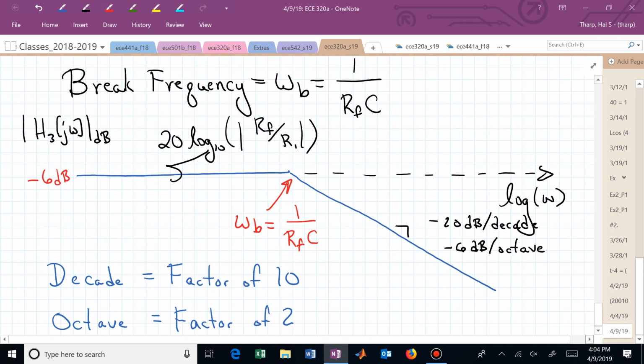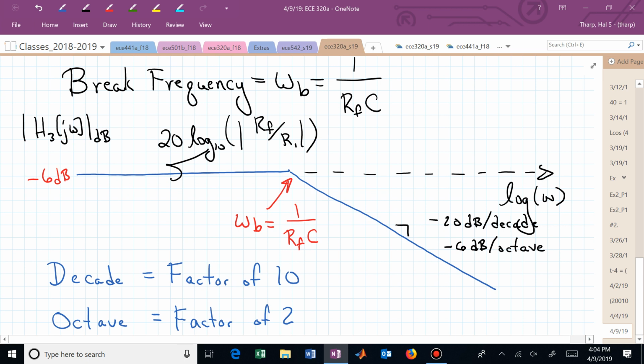Let's say that this is now at minus 6 dB. Let's just, for argument's sake, say that 20 log of RF over R1 is minus 6. And let's say that this break frequency was 100. Now if you go over here to 1,000, what's this point going to be? Why did I pick minus 6? Let me not do that, because now you're going to get it confused with minus 6 dB. Let's say this is minus 4.